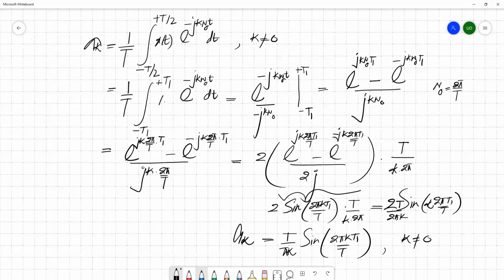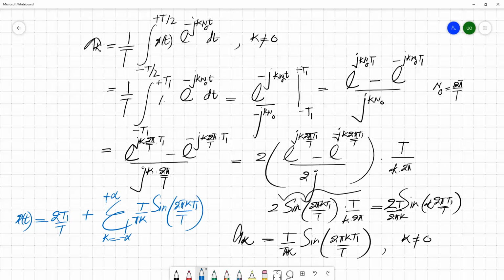So now we can represent this x(t), which is equal to 2 t1 over t plus the sum of k going from minus infinity to plus infinity of t over pi k sine 2 pi k t1 over t e to the power j k omega naught t, where k is not equal to 0.